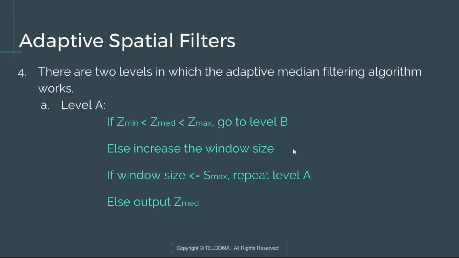There are two levels in which the adaptive median filtering algorithm works. First is level A. In this, the condition is: if zmin is less than zmed is less than zmax, then go to level B. Else, increase the window size. If window size is less than or equal to Smax, repeat level A, else output zmed.